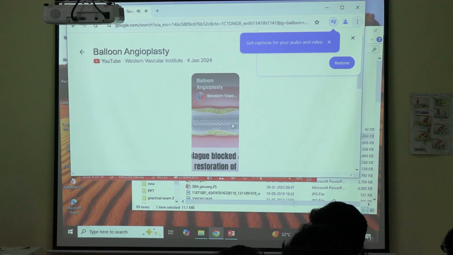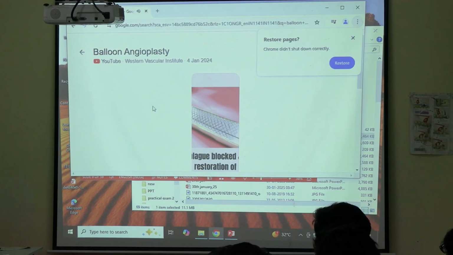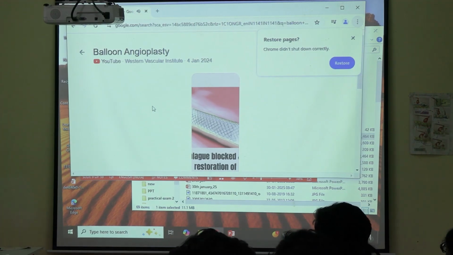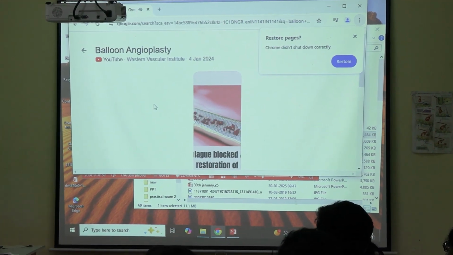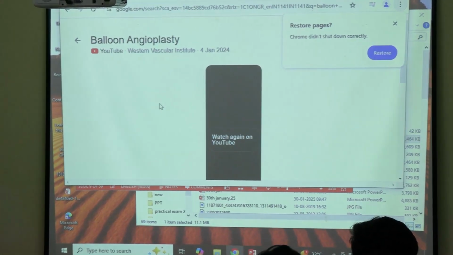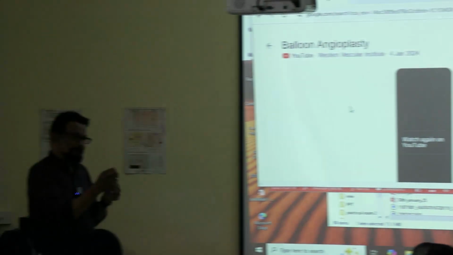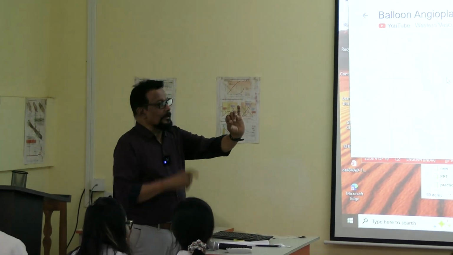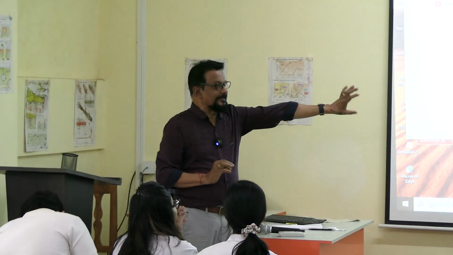So you can see the catheter is inserted, then there is a balloon, the balloon will expand, the blood vessel will be dilated. Then the balloon will be retracted, and a spring-like structure, a stent, will be left there.